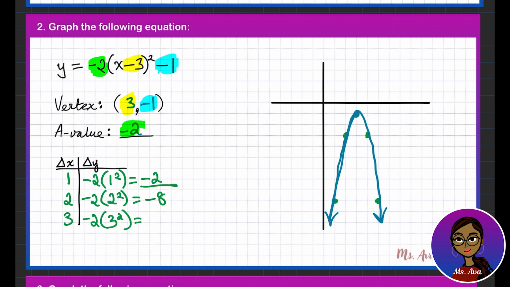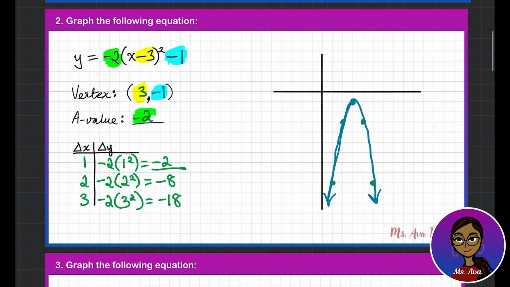Yes. So what's that going to give me? That would be a negative 18. Perfect. Yes, we would have to go down 18, which I can't even graph over here. But that's what we would have to do if we wanted to see what happens 3 units away from the vertex. Okay, let's do the next problem.